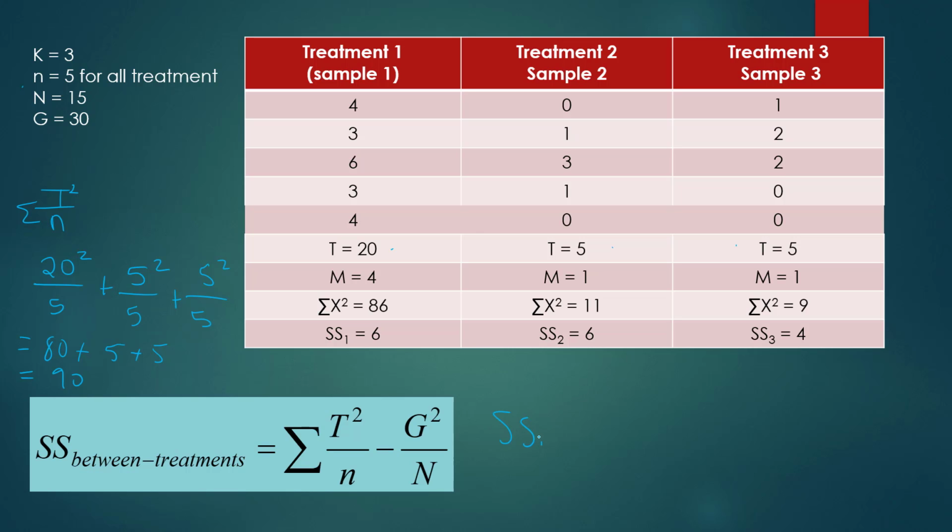So the sum of squares between is going to give me 90, subtract G squared, 30 squared over big N, which is 15. So 90 minus 60 gives me 30. So all three ways we've gotten the same value. Now, obviously, some of them are more difficult than the others, but it just depends on what information you're given as to which formula to use.